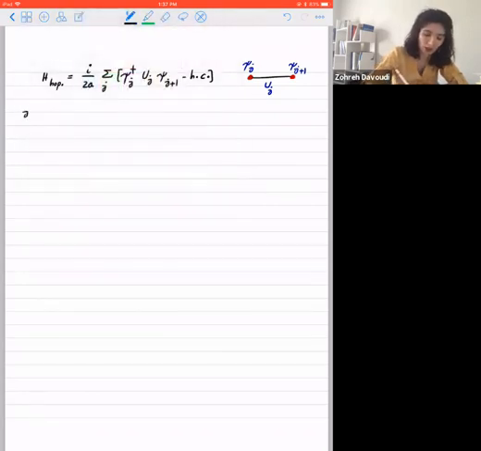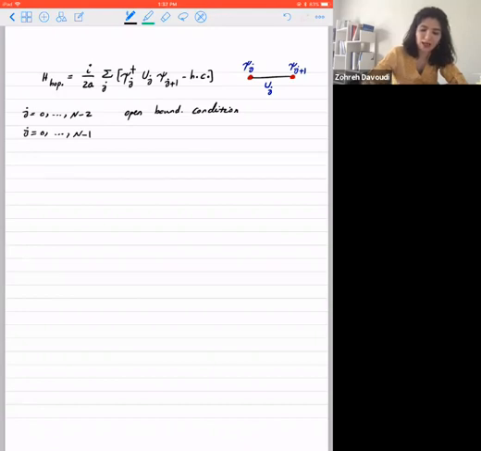So again, j indexes the lattice sites. I'm going to index them from 0 to n minus 1. And in fact, for open boundary conditions, this is what it should be. And for periodic boundary conditions, this can go all the way to n minus 1, so that the last link could actually also connect to the first link, and the sites are identified.